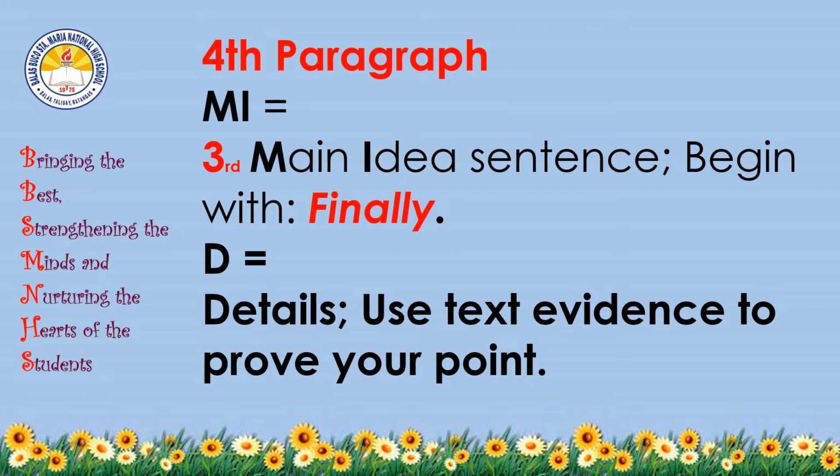And you may have these transitions like we have first, in addition, and finally. You can even have any other transition that can figure out that this one is your first main idea, the third paragraph or this next main idea is your second, and with the fourth paragraph, you have your third main idea. You have your freedom to use which transition to use.